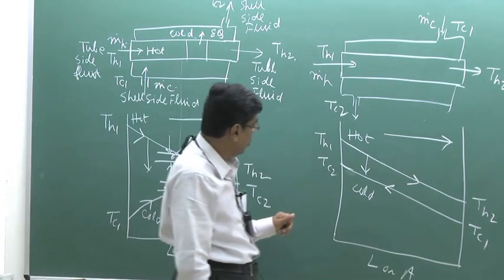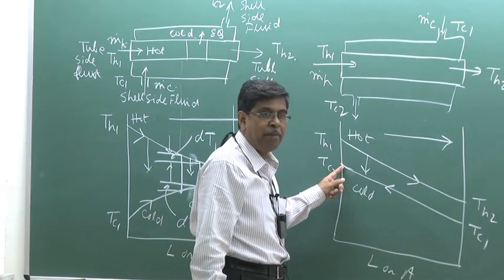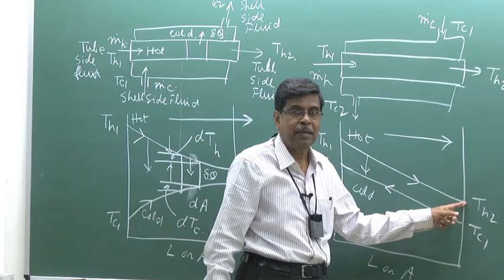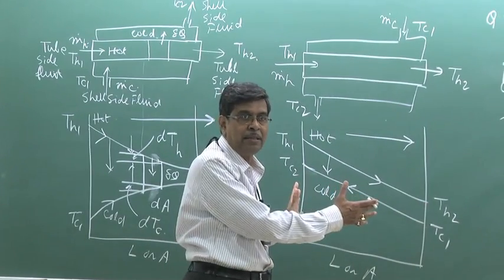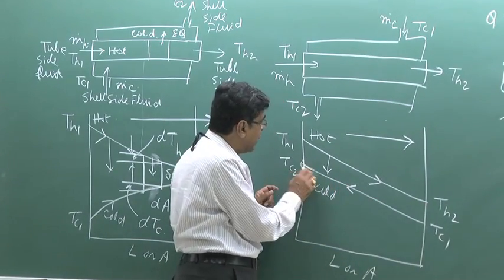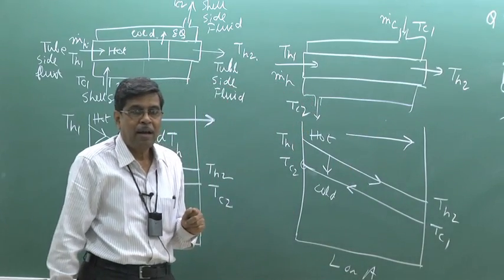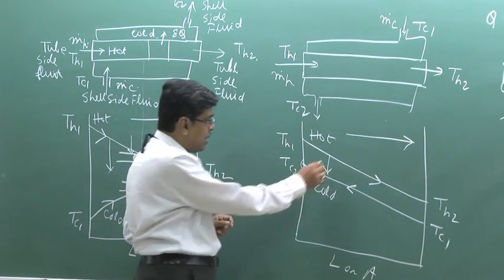But here, the cold fluid outlet temperature may be more than the hot fluid outlet temperature, even in a finite length, because here there is no restriction that this will be lower than that, because heat is transferred this way.